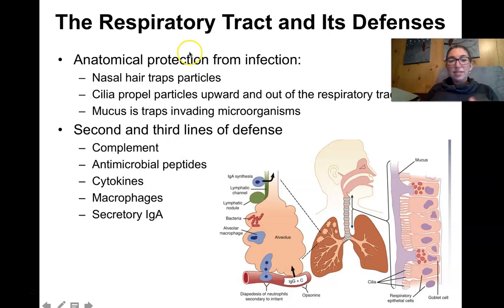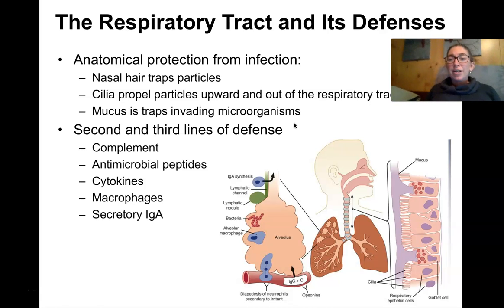There's the mucus. There's the hair in your nasal cavity that helps to trap things. So there's basically a system of physical and chemical traps, and then a system to move things out. That system, by the way, is called the mucociliary escalator. It's kind of like an escalator. And so, all those things help to protect our respiratory tract.